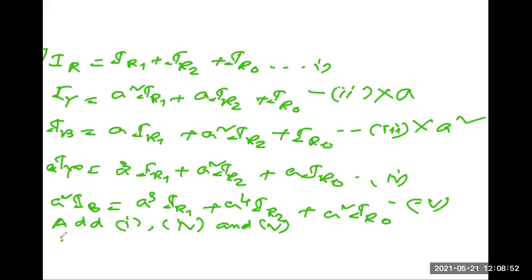What will happen? This is IR plus A into IY plus A square into IB.